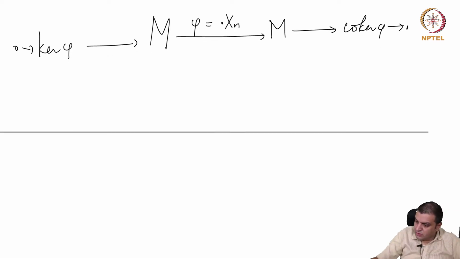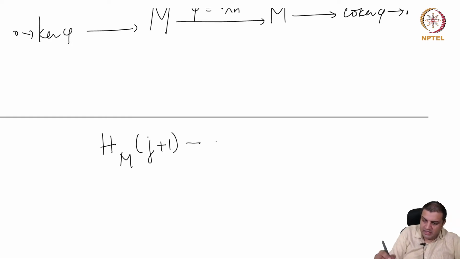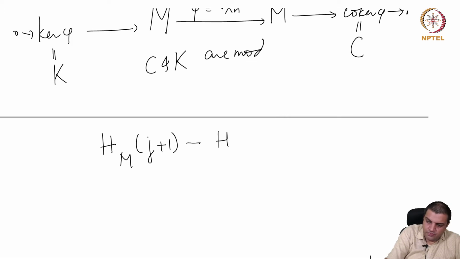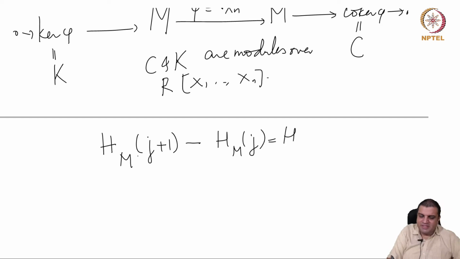So notice that h_M of j plus 1 minus, let's call these C and K, and the observation was that C and K are modules over R adjoin n minus 1 variables. h_M of j, h just means length in that degree.